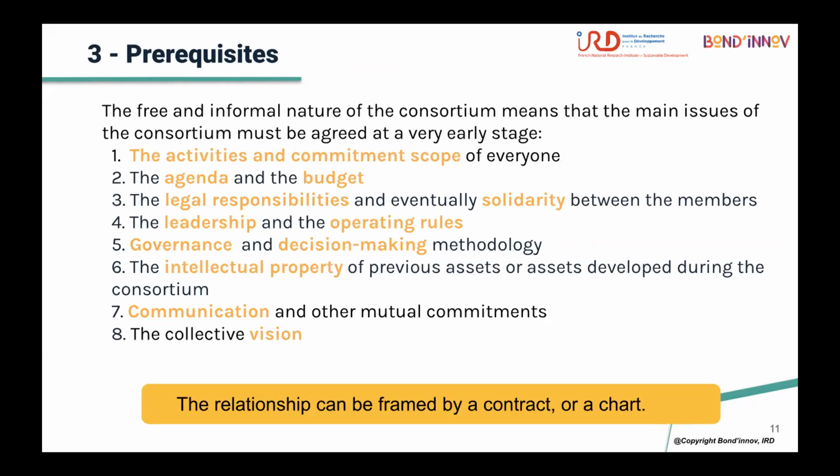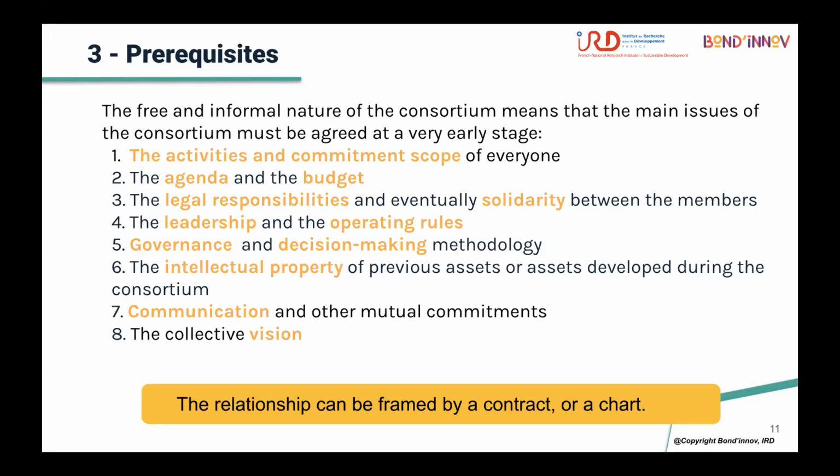So when you are building a consortium, ensure that the activities and commitment scope of everyone are discussed at the very early stage. The agenda and the budget: you will see that there is a kind of overlapping of the different modules, because we have a next module on how to establish the budget.